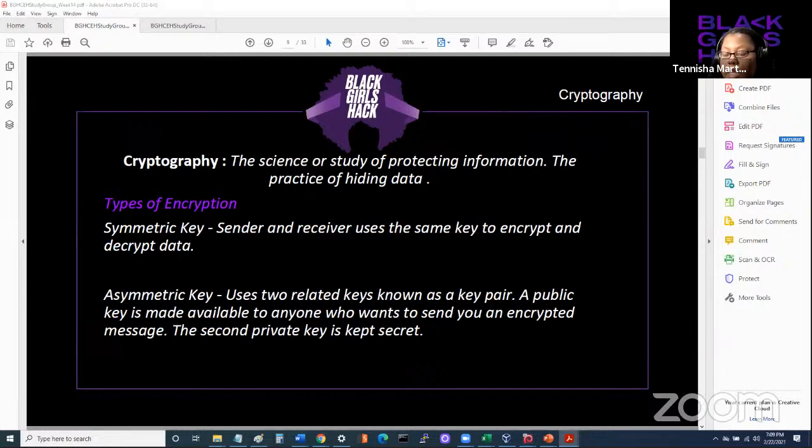And these keys are related through a mathematical equation. I believe this is where they use 2 closely related prime numbers that have a relationship mathematically, and those are known as a key pair. Those keys are basically so that you can encrypt your message and decrypt it. So each person has their own public key and their own private key.